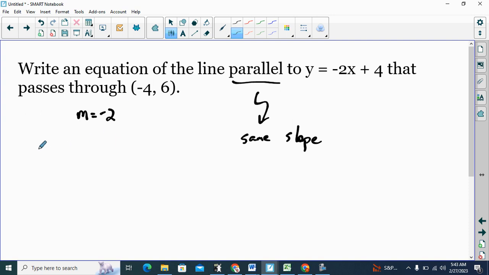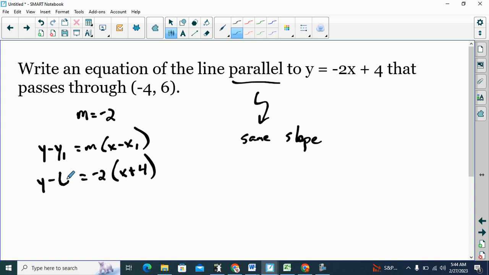Start with point slope form. Y minus y1 equals slope times x minus x1. Plug in negative 2 for our slope, negative 4 for x1, and 6 for y1. Distribute.